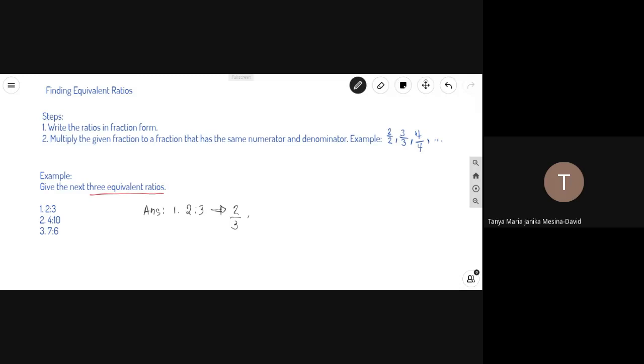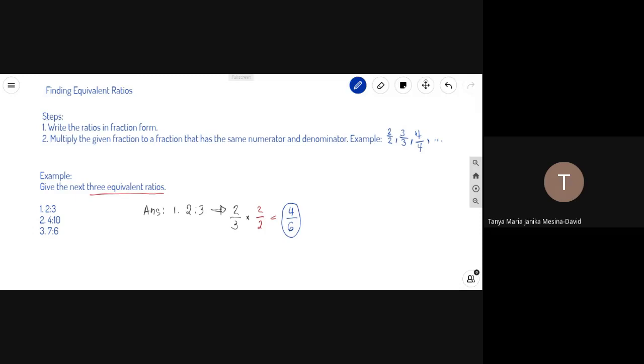So for example, I will first use the fraction 2 over 2. And the resulting expression is 2 times 2 is 4 and 3 times 2 is 6. Therefore, this is the first equivalent fraction.